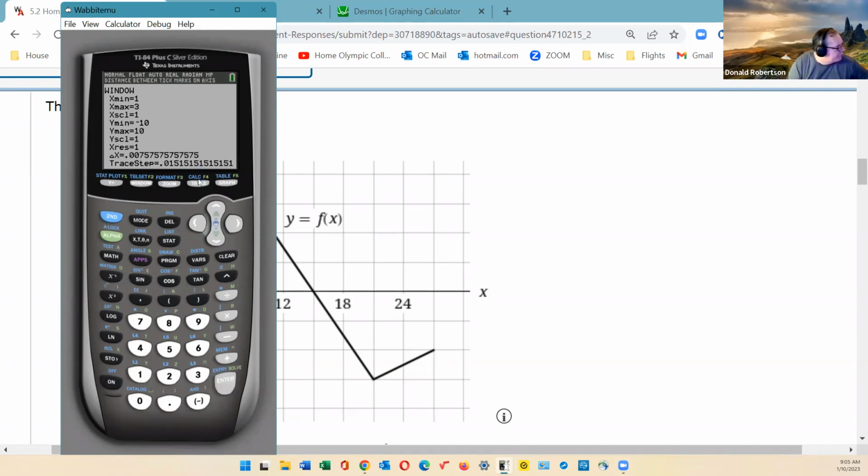And then go to second calc, option 7, which will give us the integral, the area under the curve. Lower limit 1, upper limit 3. It'll do some little animation thing.